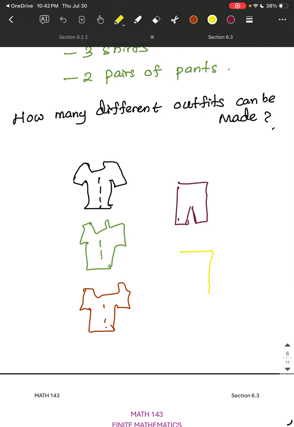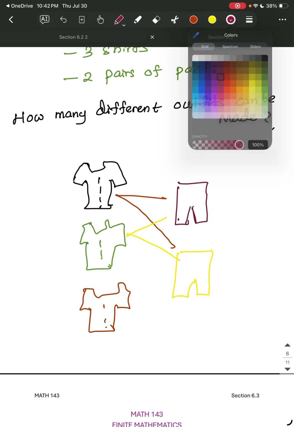So we can match the first shirt with either pair of pants. We can match the second shirt with either one, and we can match the third one with either one.